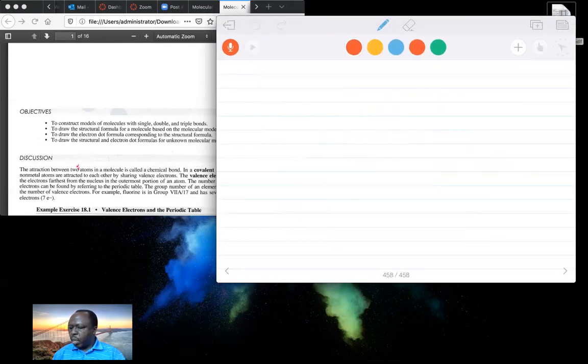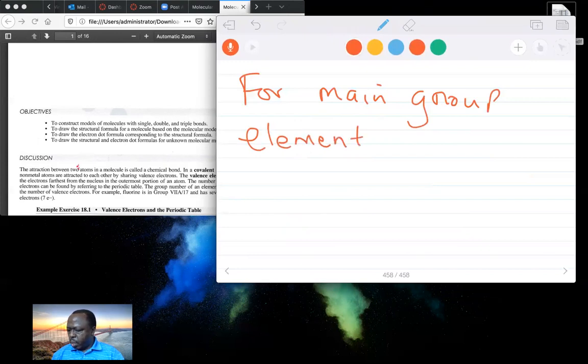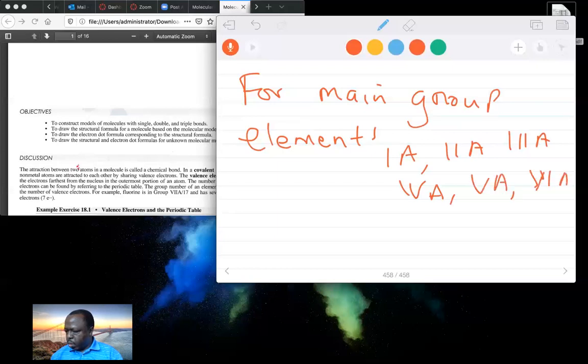For main group elements, that means 1A, 2A, 3A, 4A, 5A, 6A, all the way to 8A, the number of valence electrons equals the group number.